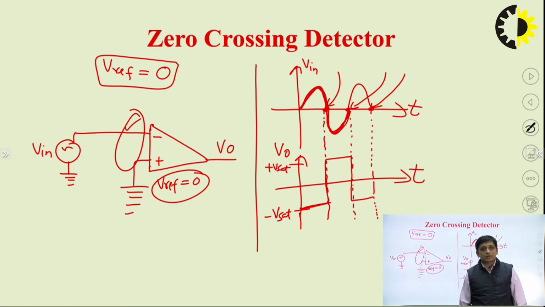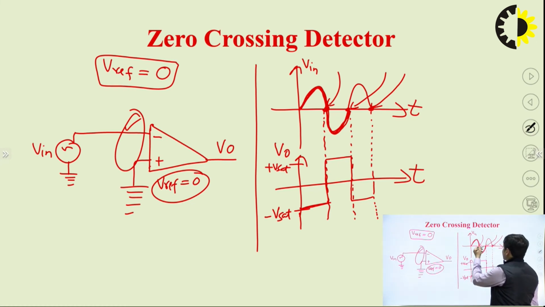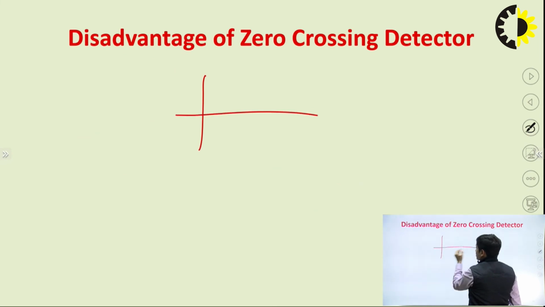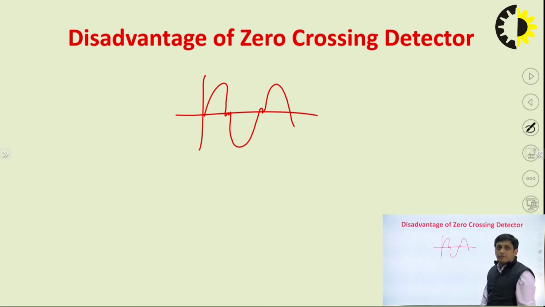If we are designing any electronic circuit, there will be noise voltage, and if due to that noise voltage this sine wave gets corrupted and distorted, it can happen that the shape of this sine wave will be like this. I am just giving you one example.